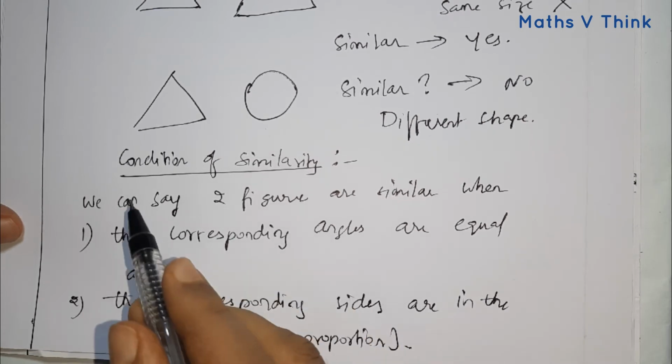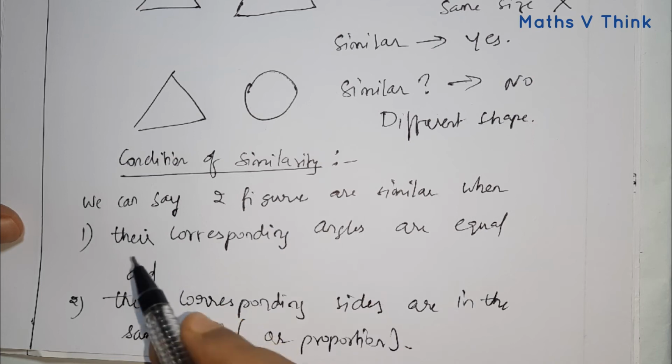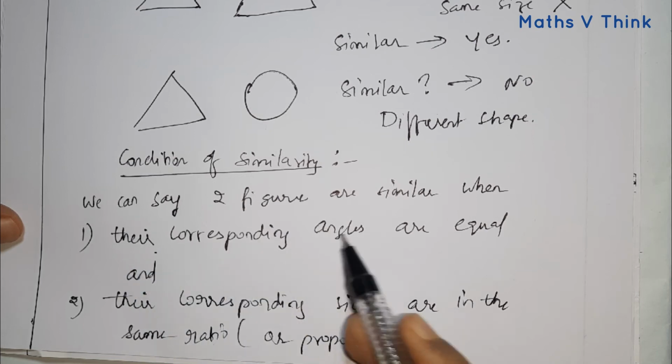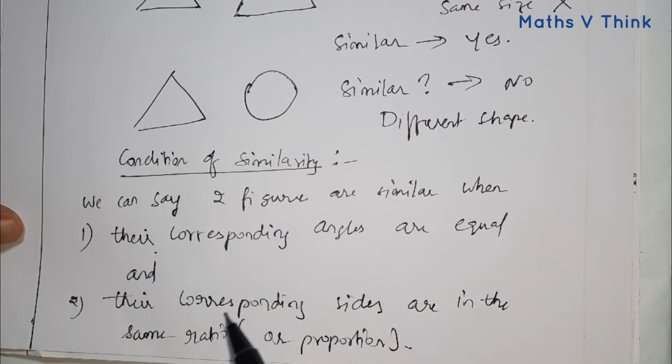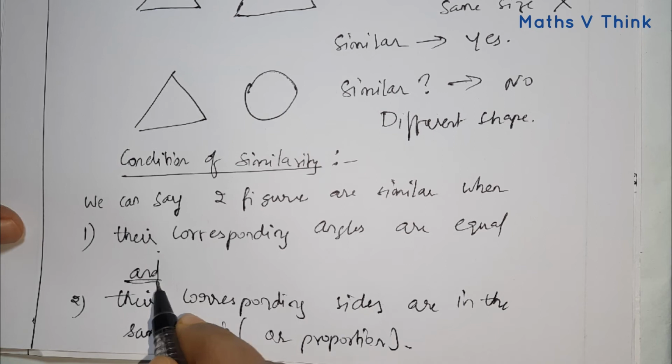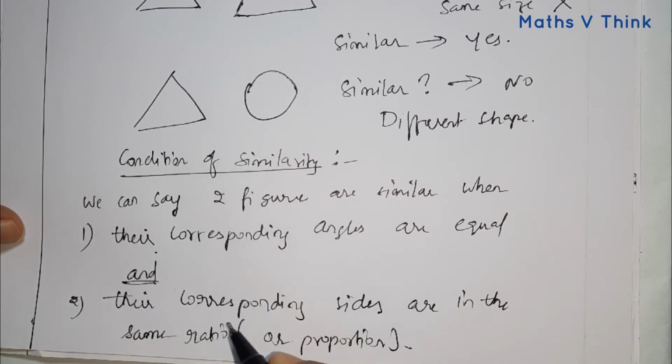So, there are two conditions of similarity. One is that corresponding angles should be equal and also corresponding sides should be in the same proportion. This is an AND condition, meaning you need to satisfy both conditions.